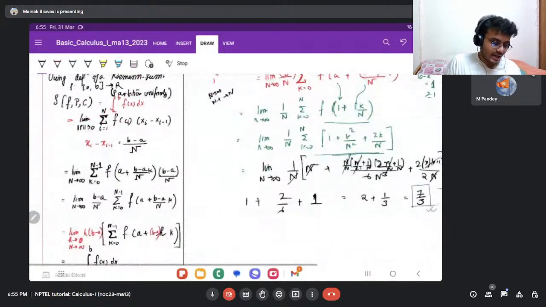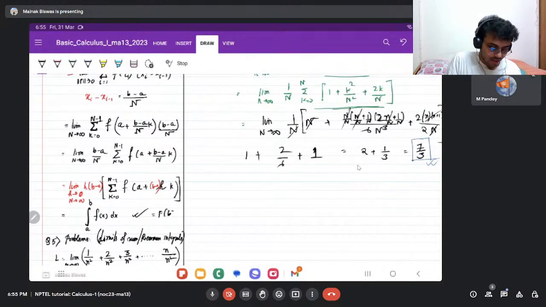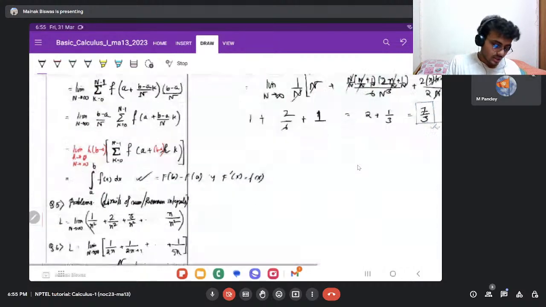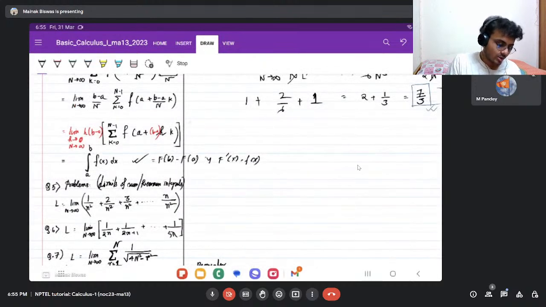Now I have defined the limit of a sum before. So this is the one. This is also equal to f of b minus f of a if f dash x is equal to f of x. We have seen all these steps. Now is the real fun, the problems that we are going to solve using integration.